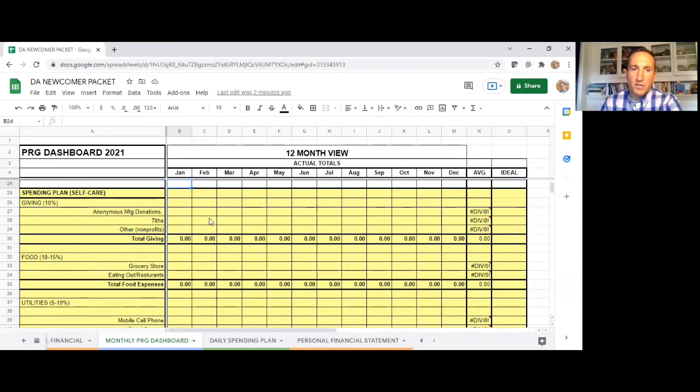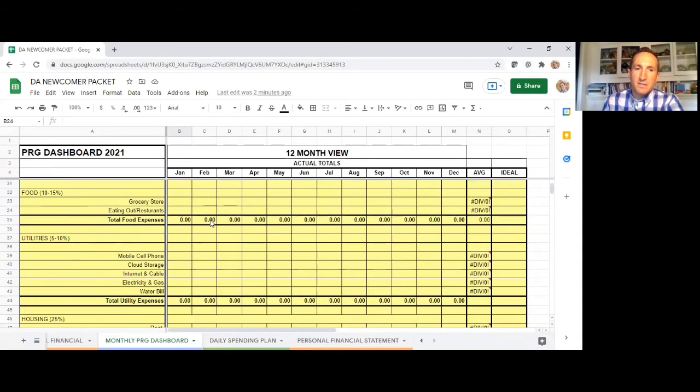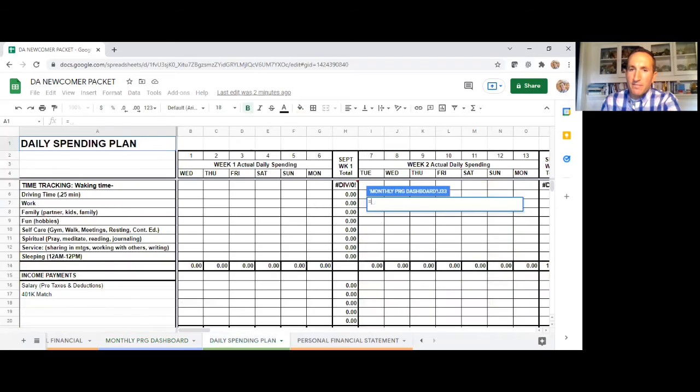So what I want to show you how to do is, let's do food. So for the month of September, I know I've got that month laid out in the daily spending plan. What we're going to do is take grocery store for September, and what I like to do is put equals and then go over to my daily spending plan.